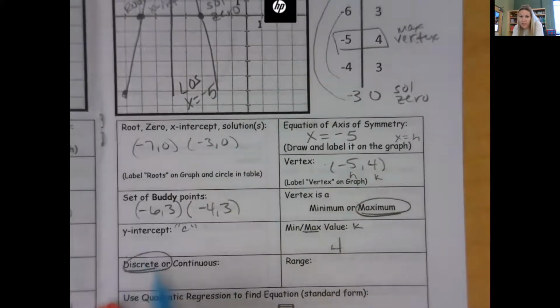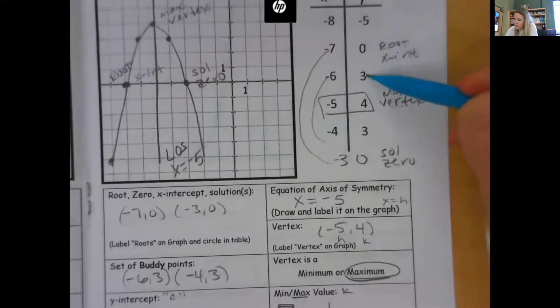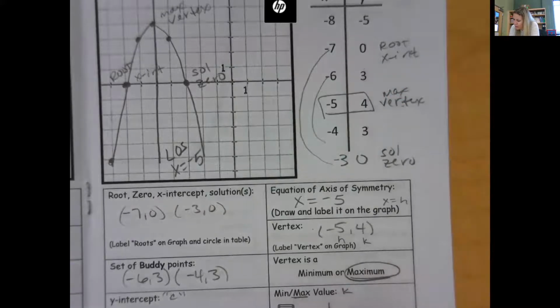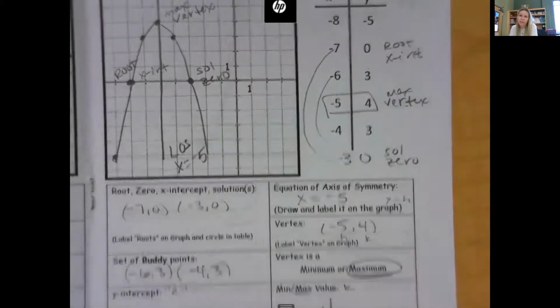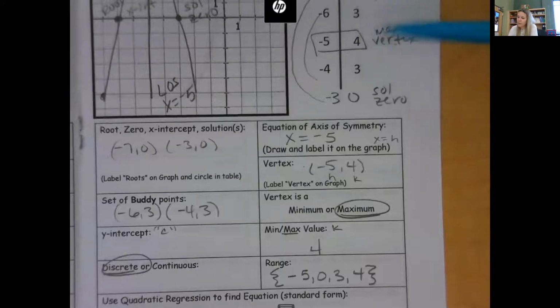This is discrete. So when we write our range, we're only writing the y values from this table. And remember, we have some repeats, but we don't list the repeats. 0, or -5, 0, 3, and 4. That is our range. And I got that from up here. Okay.